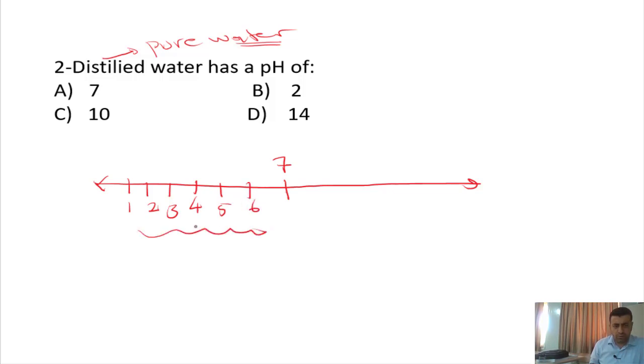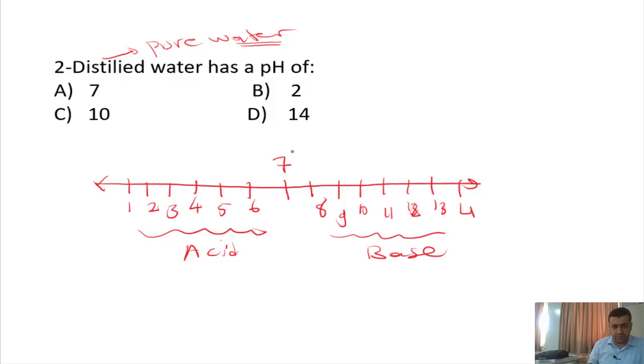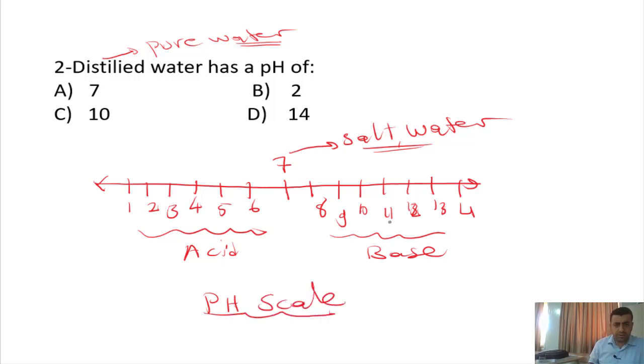This side from 1 to 7 is going to be acid, and 8, 9, 10, 11, 12, 13 and 14, and this side will be base. So 7 will be neutral. What is in here? Salt and pure water. According to that, pure water will be 7. pH will be 7.